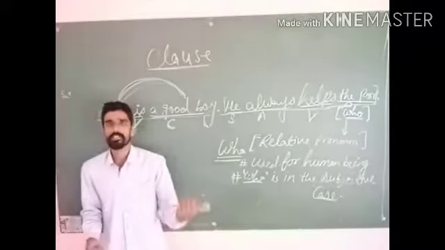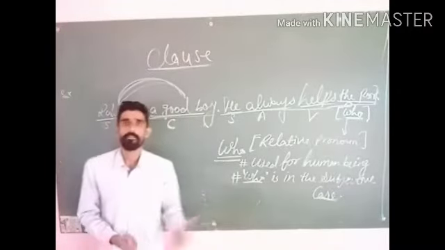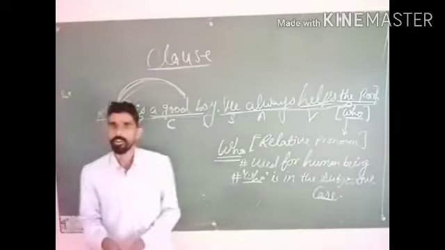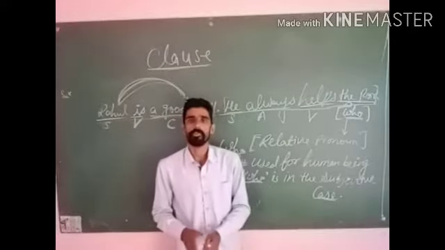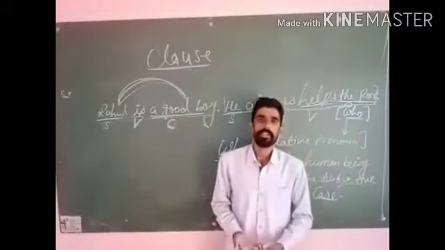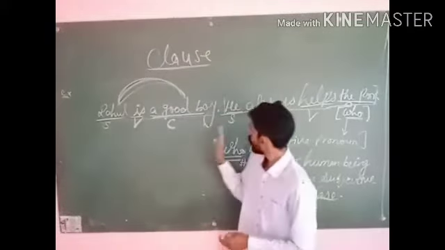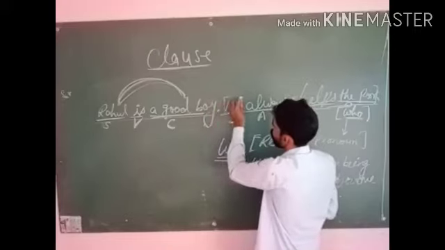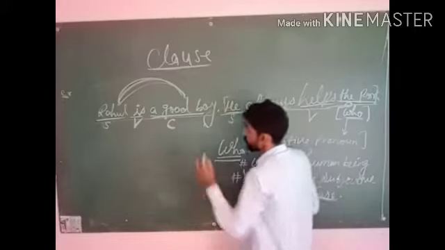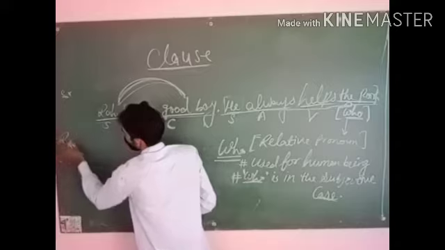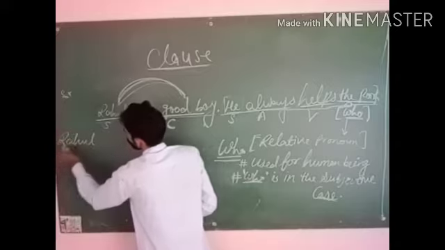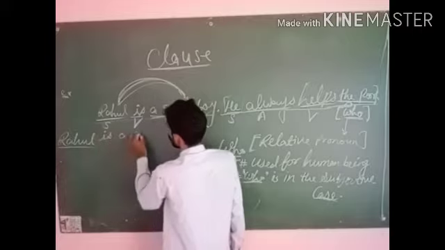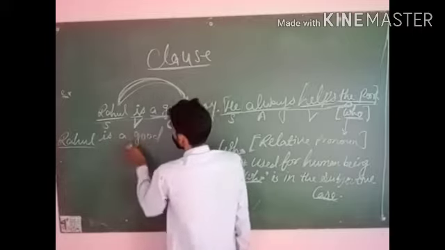Rahul gives the meaning of that particular boy, whereas he has been used for Rahul, and it can be clear that Rahul represents he or he represents Rahul. Generally we do not remove the first subject. Rahul is a good boy.